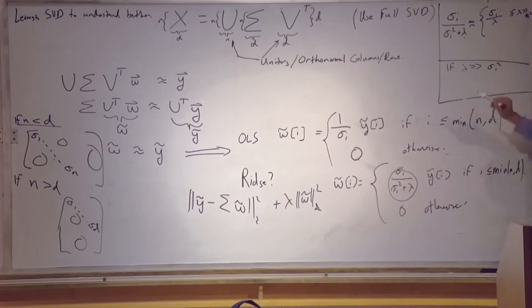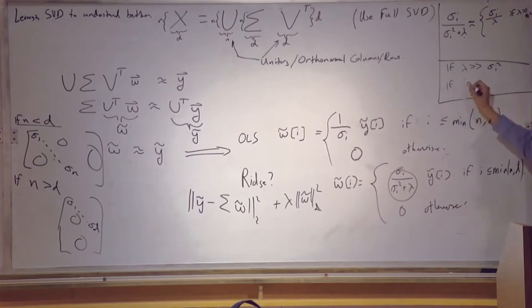Alternatively, you can think of it as if lambda is much bigger than sigma i squared, then lambda divided by sigma i is much bigger than sigma i. You can think of it that way too. Either way, you get this.